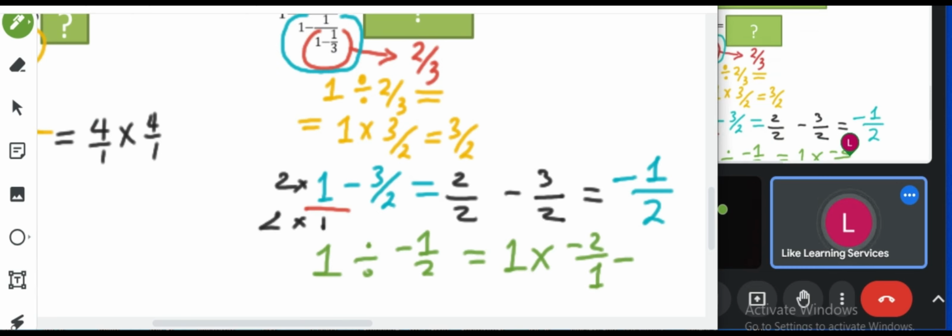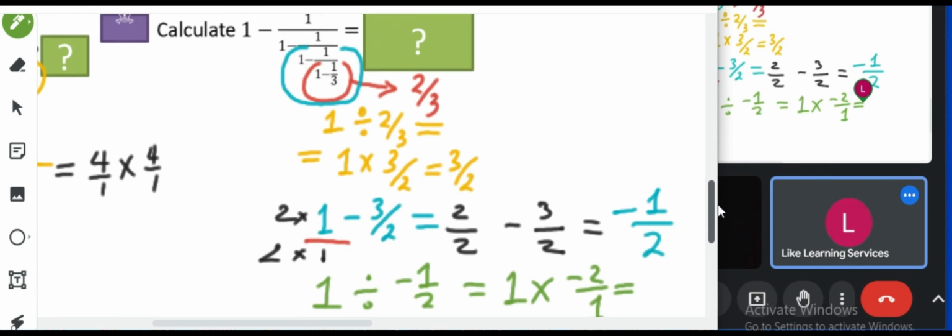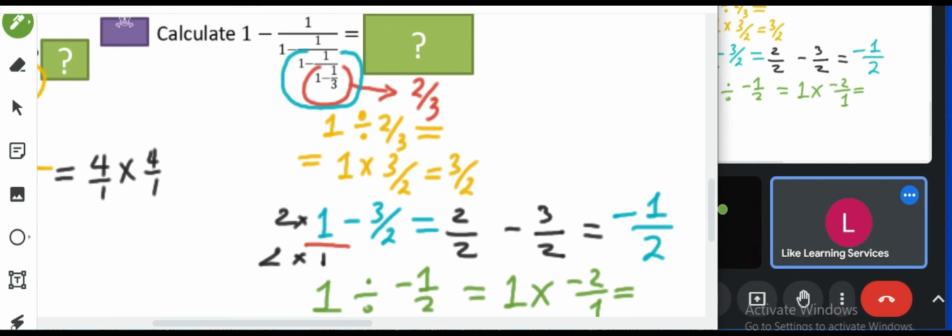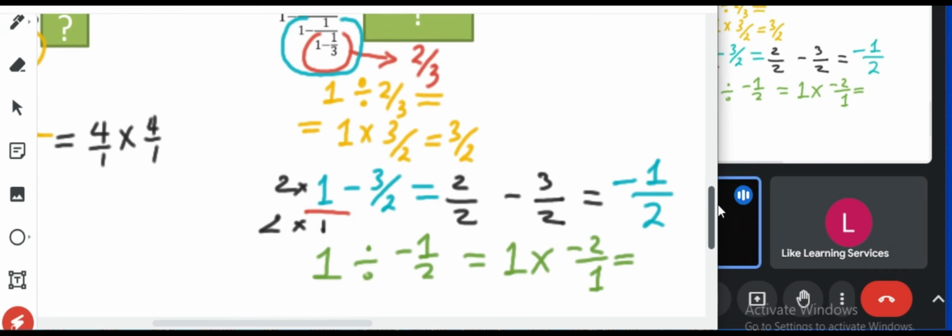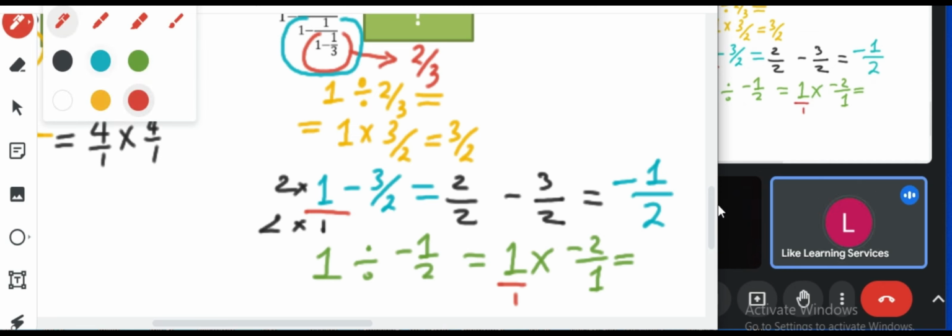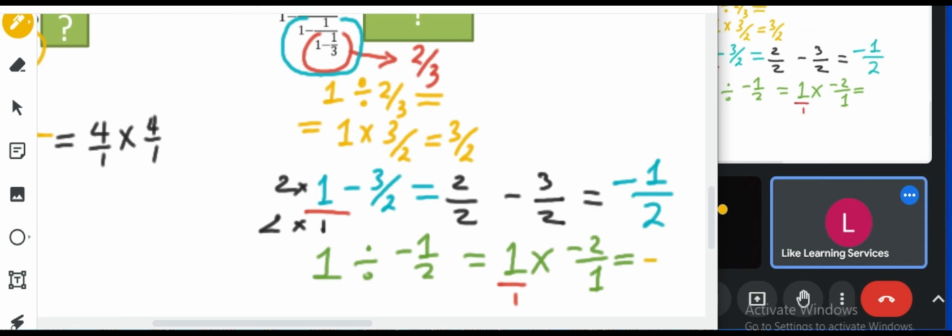What does that give? Minus 2. This gives minus 2, or minus 2 over 1 if you like. It's simply minus 2.